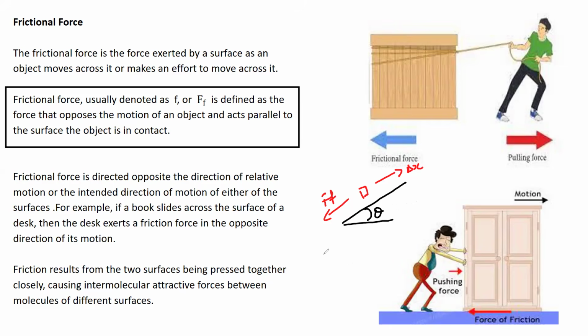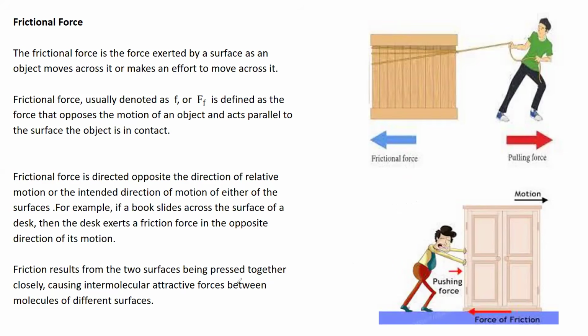If the object was moving downwards, best believe that frictional force will act in the opposite direction, which is upwards. In essence, the force of friction is a force that is opposing the direction of motion of an object and is acting parallel to the surface the object is on.